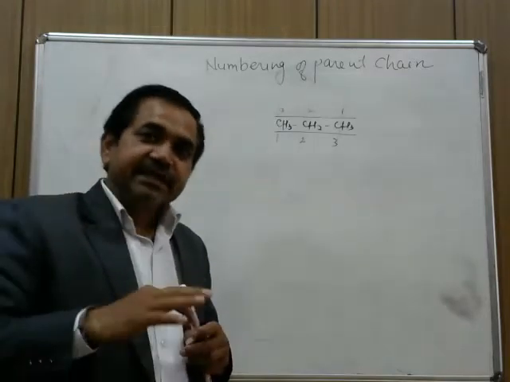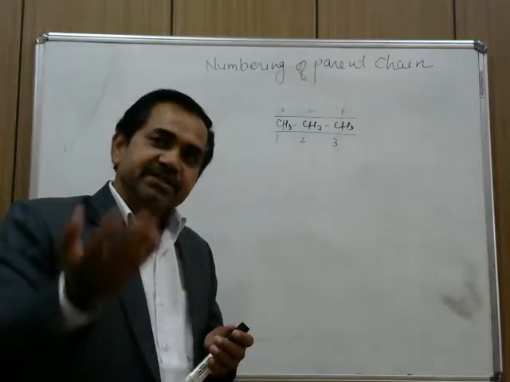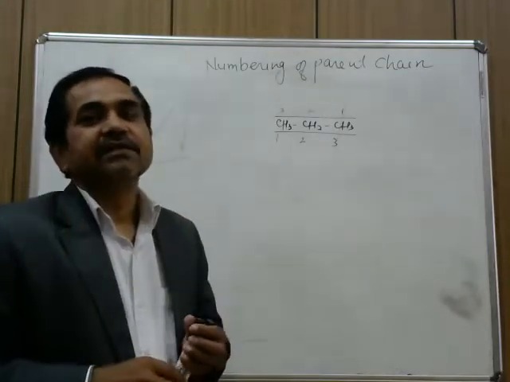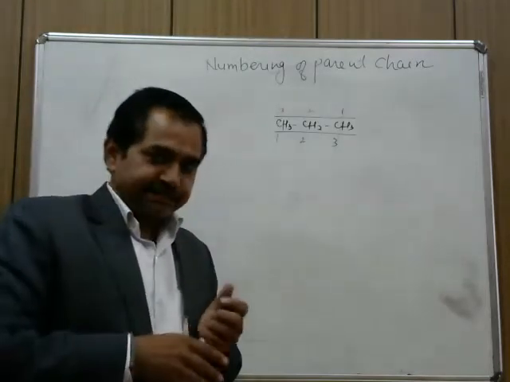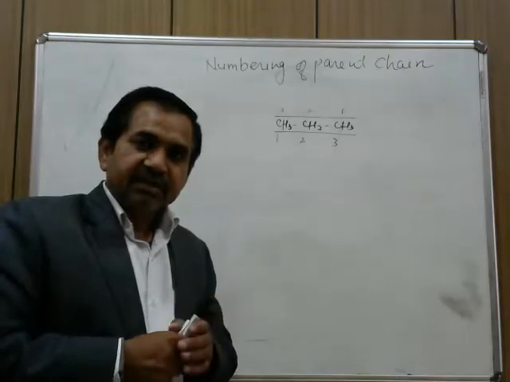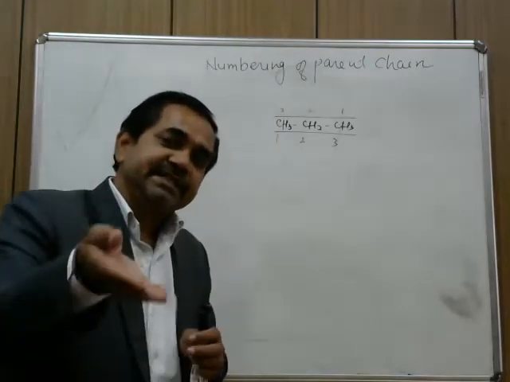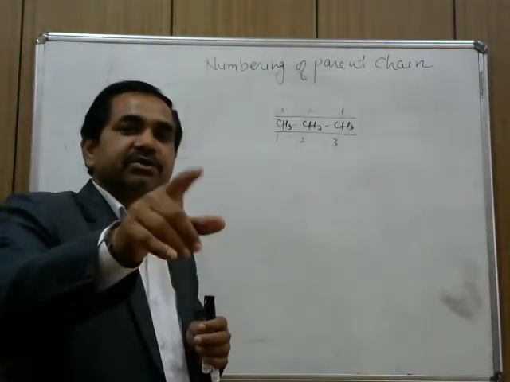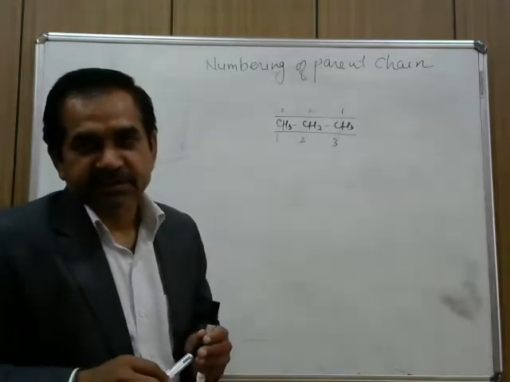Now there is another possibility that the compound has a functional group or a substituent, and in that case numbering should be done from that side which gives the lower number to the substituent or to the functional group.